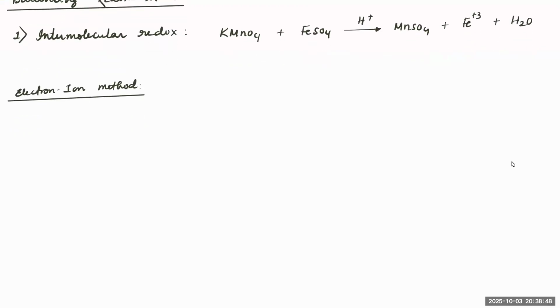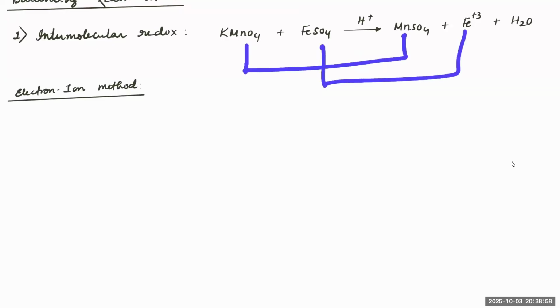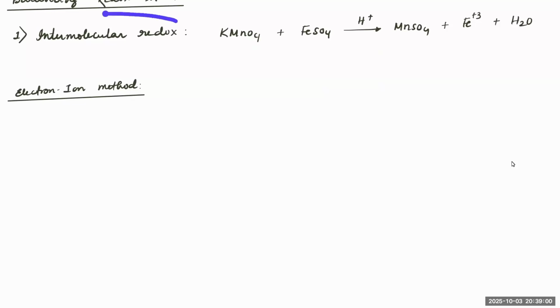Typically, when you have any redox reaction where two different species are undergoing oxidation and reduction, then that kind of redox reaction is called an intermolecular redox reaction.